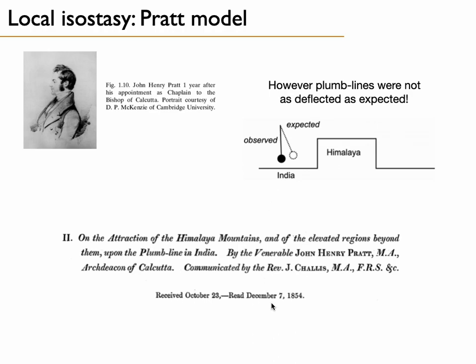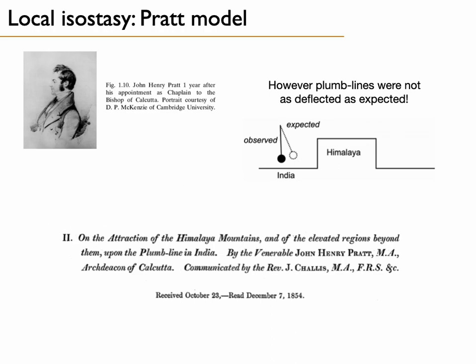When the campaign was made, they observed that the deflection of the plumb lines from India towards the Himalaya was tiny with regard to the expectation. So there was a need to explain this. Why are the plumb lines not deflected towards the Himalaya?